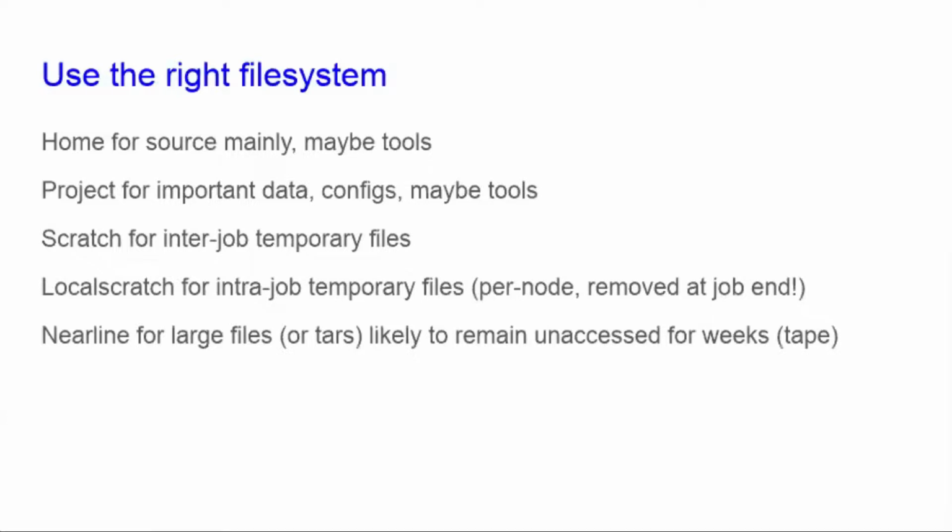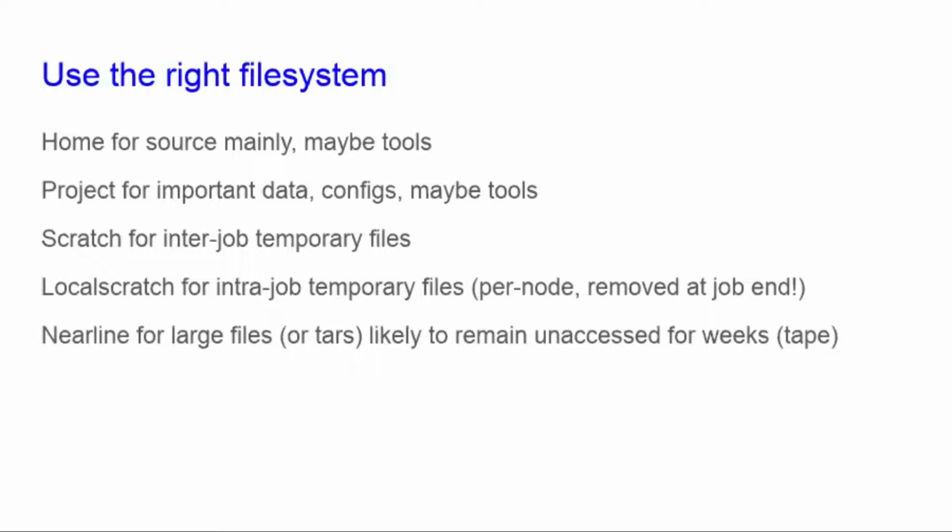The file system is also an important thing. The little secret that I'll give you here, which is not so much a secret, is that these file systems have very different performance characteristics in addition to their other characteristics.